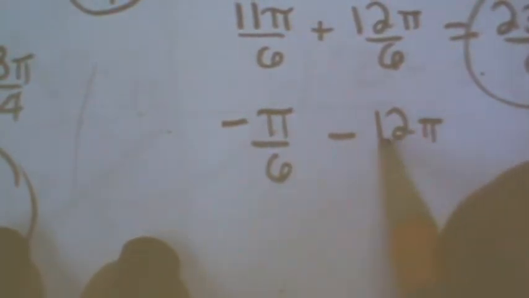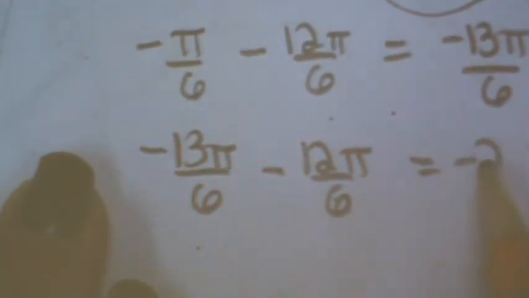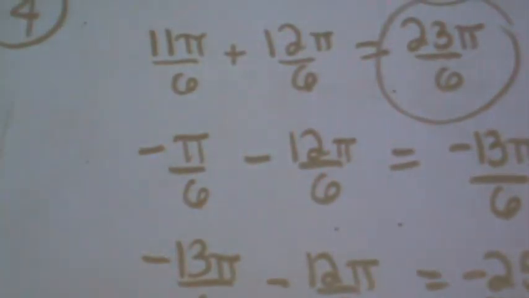And give me another one. 23 pi over 6, that's another one. Or give me 2 negative ones. Negative 13 pi over 6, and what's the other one? Negative 5 pi. Sweet. Done. Good job.